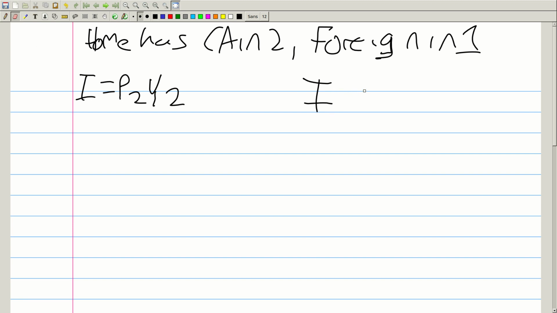I'm going to use a little bit different notation. Foreign's income is just going to be a function of the price of good 1 times their production of good 1.